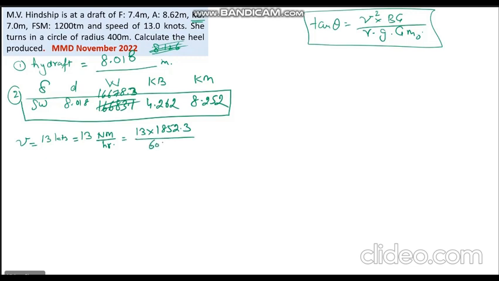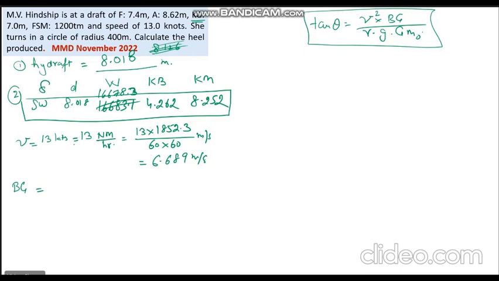Divide by 60 into 60 to get seconds, since 1 hour has 60 minutes and each minute has 60 seconds. This will be in meters per second. You can solve it up to 3 decimal places, or use it like this in the formula, it's your choice. It comes to 6.689 meters per second. Guys, please confirm if the conversion from knots to meters per second is clear to everybody.